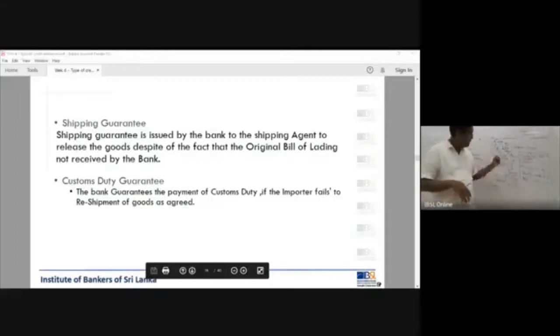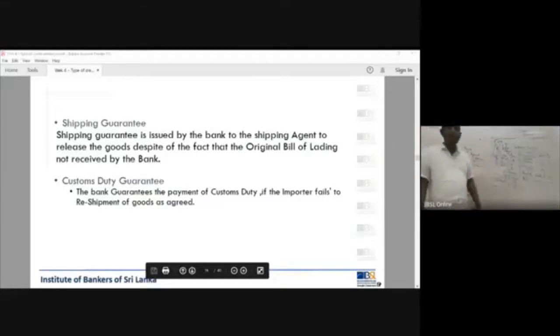But Bank of Ceylon has the liability to pay Mr. Sarvanamuttu once the original documents reach the bank. Original documents reach and there are so many discrepancies as per the LC application.